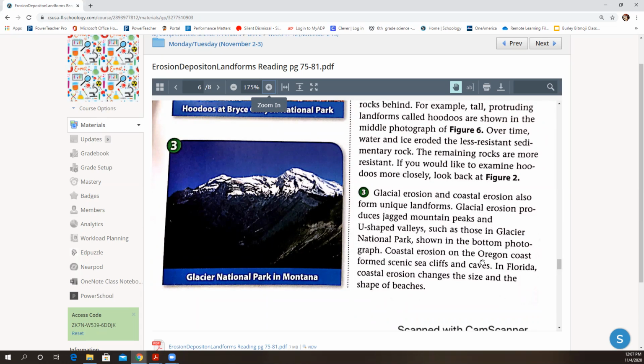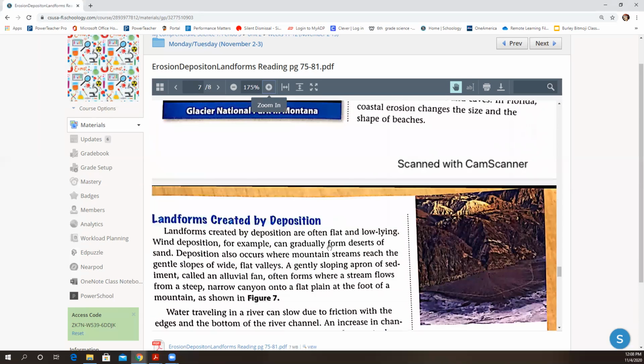Coastal erosion on the Oregon coast forms scenic sea cliffs and caves. In Florida, coastal erosion changes the size and the shape of beaches.